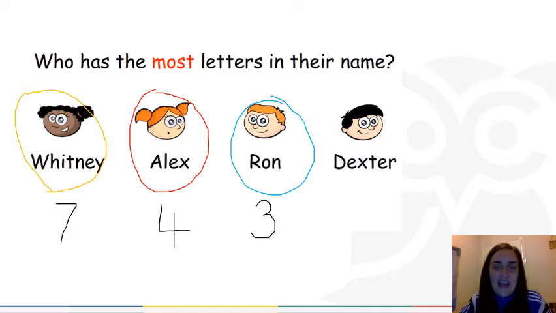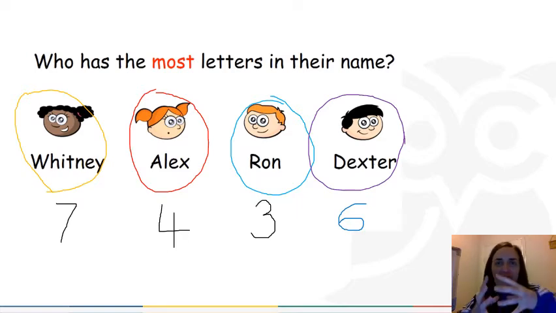And finally, how many letters are there in Dexter's name? Did you count 6? Brilliant.